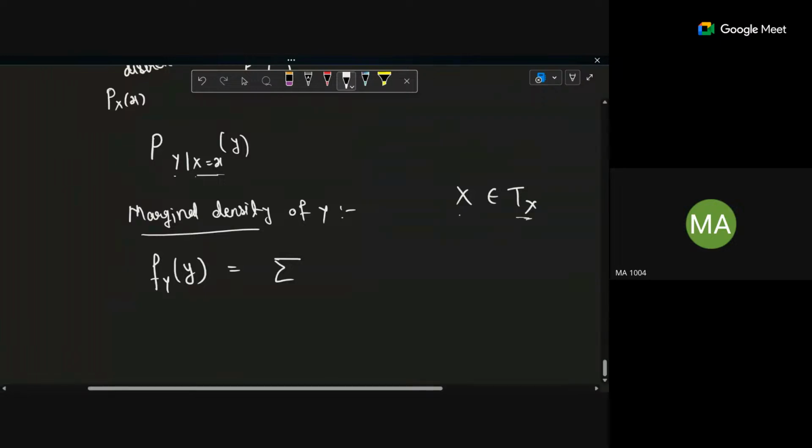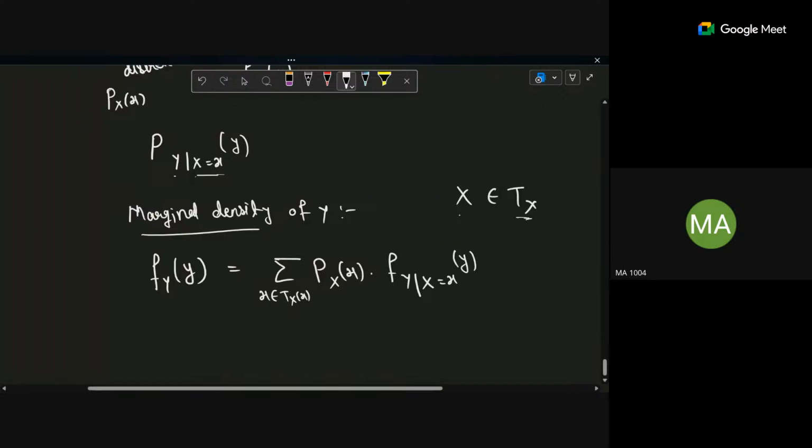So I will sum up all the probabilities, the mass functions of x, and multiply it with what? Any idea? I will multiply it with the conditional probability of y taking value y given that x has already taken value x.